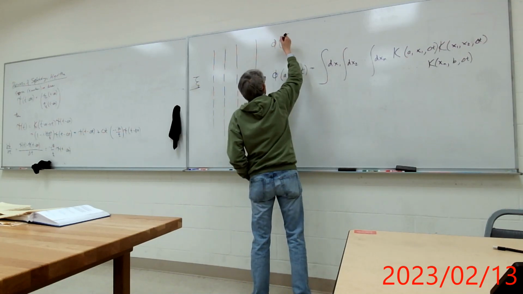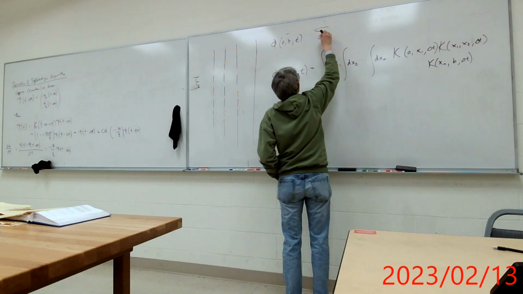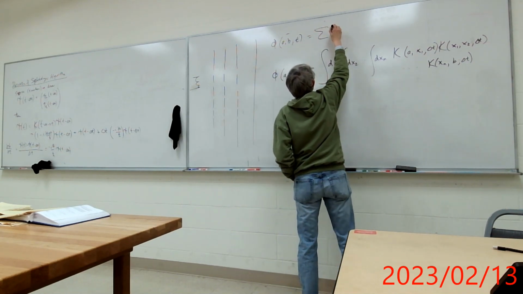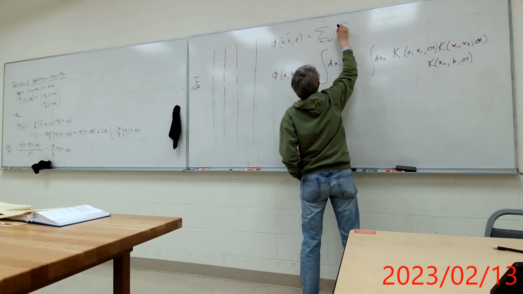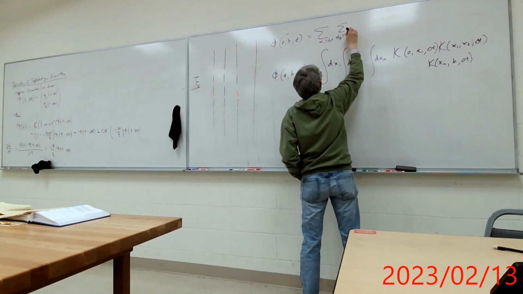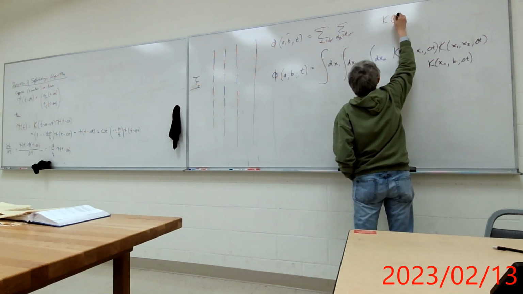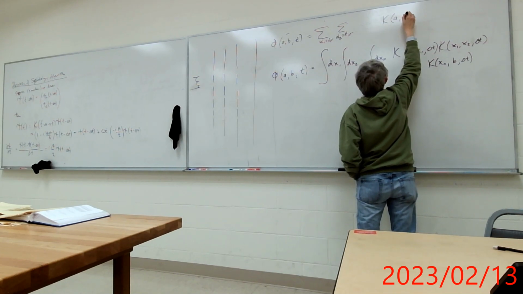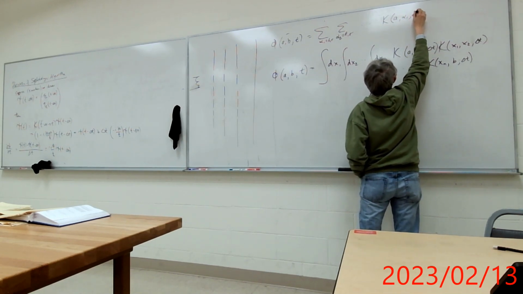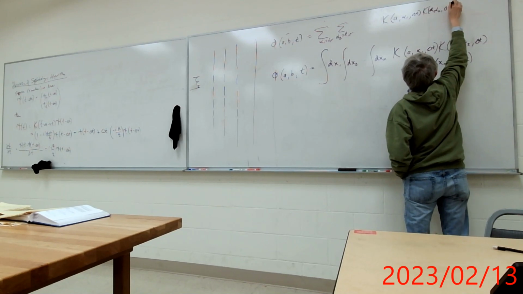So this was a, b, t, sum of alpha 1 equals left or right, sum alpha 2 equals left or right, dot, dot, dot. And then we had k going from a to alpha 1 in time delta t, k alpha 1, alpha 2 in time delta t, dot, dot, dot.